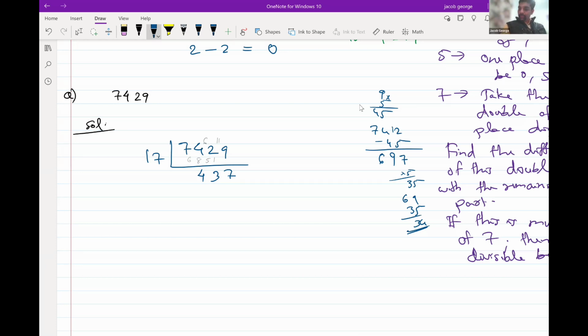437. Yes. Now 437, it is divisible by what number? Can you find out?